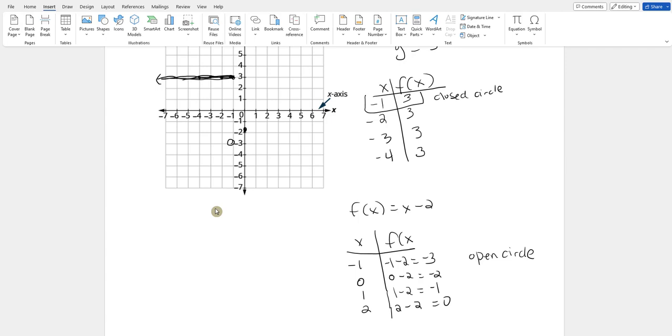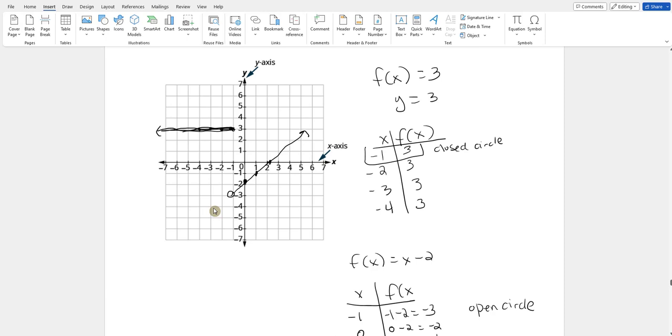The next one is 1, -1, and then 2, 0. So this is my graph here. Like I said, the reason why they call it a piecewise function is because you have to do it in pieces.